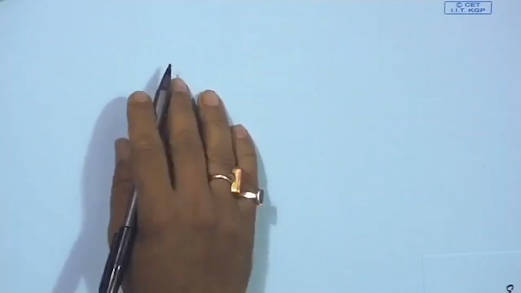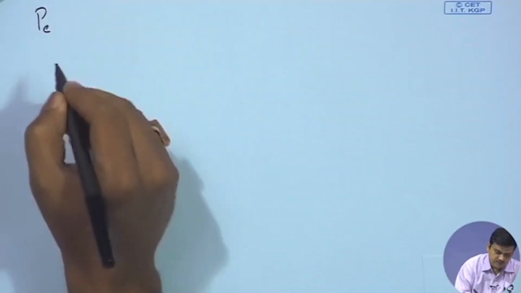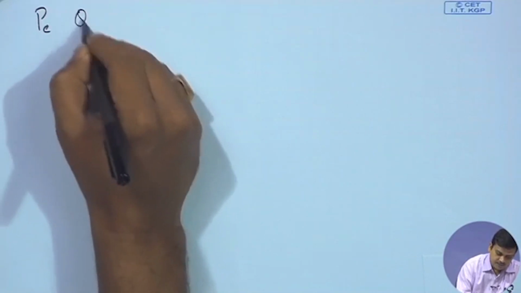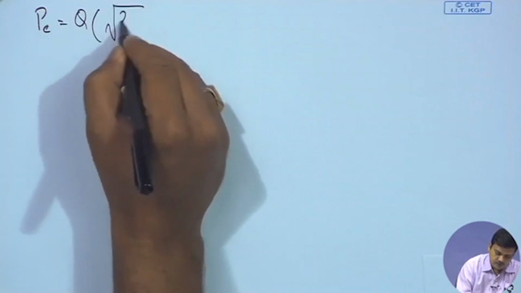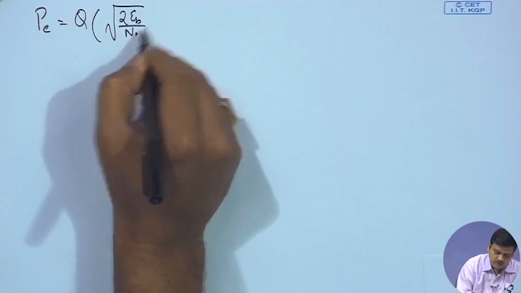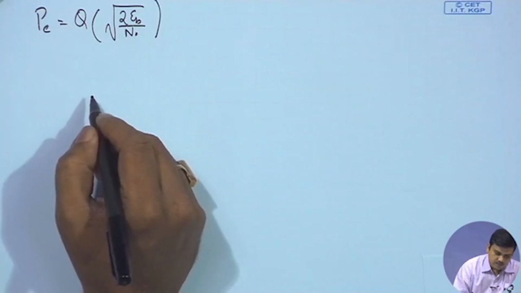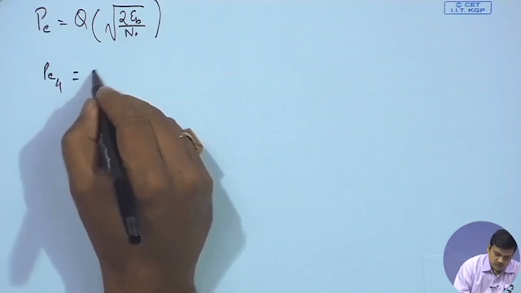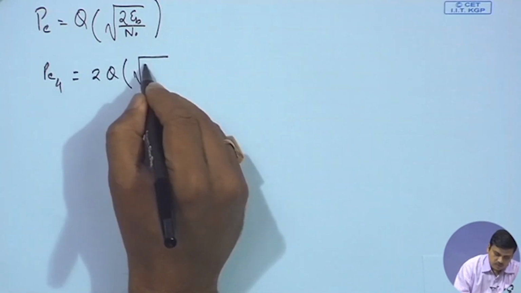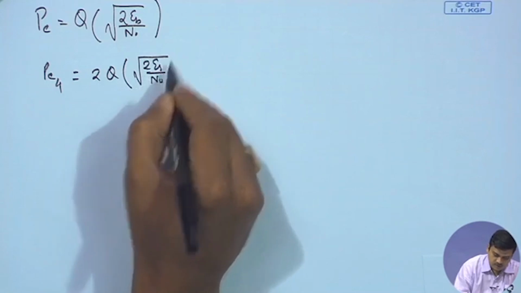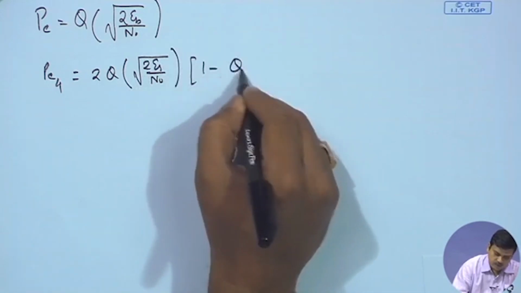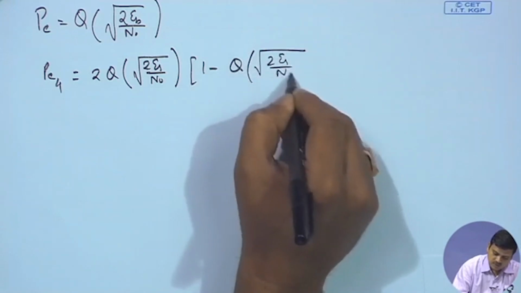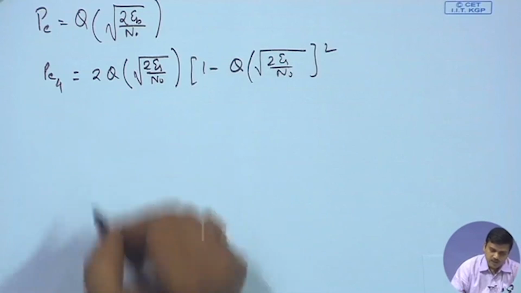So, what we have with us is the probability of error expressions. The probability of error expression, let us say for binary PSK, is Q of square root of 2 Eb upon N naught, and the probability of error for a 4 level constellation will be 2 times Q of root over 2 Es by N naught, into 1 minus Q of square root of 2 Es by N naught, squared, and so on and so forth.